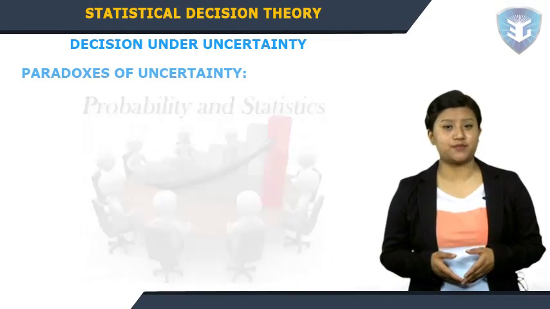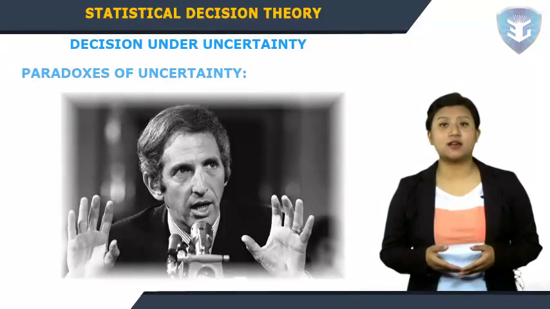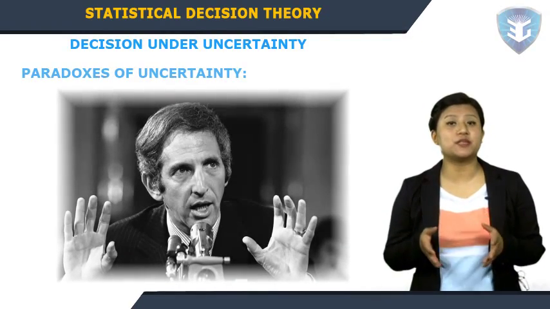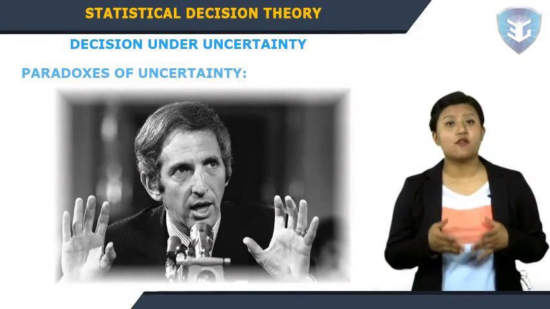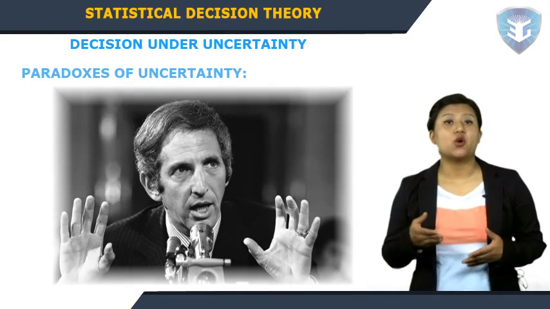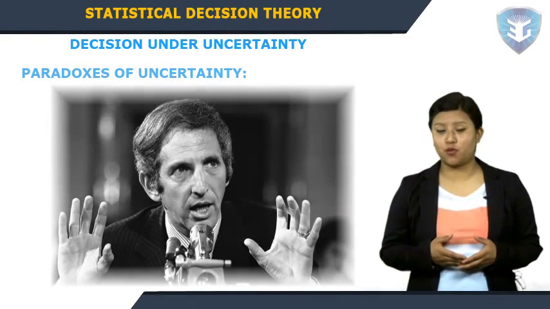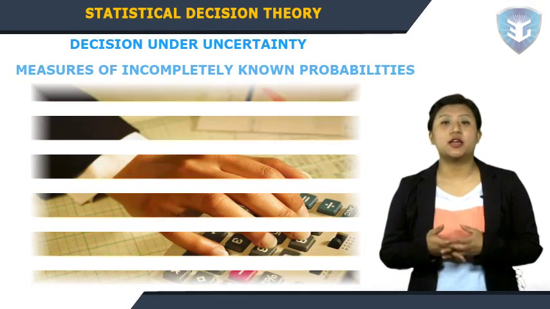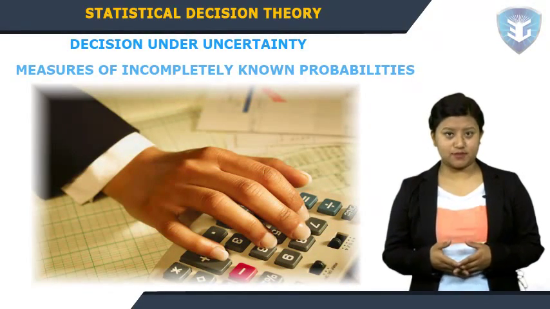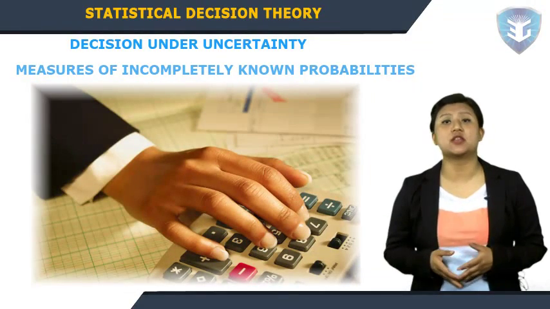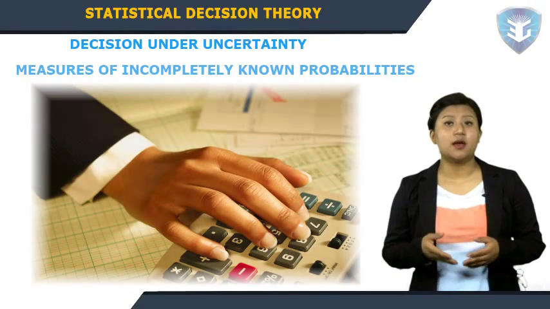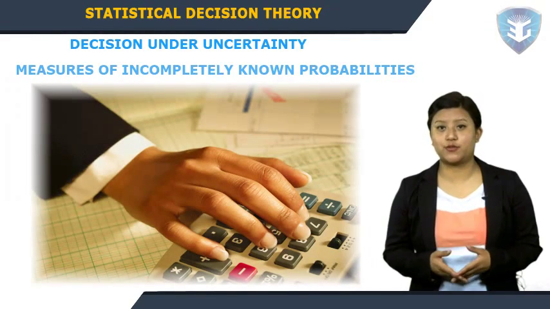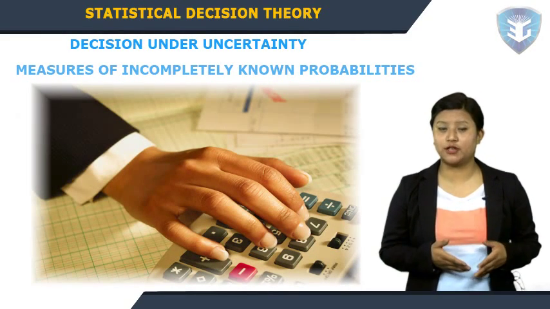Risk analysis: it is the task of the risk assessor to use whatever information is available to obtain a number between 0 and 1 for a risk estimate with as much precision as is possible, together with an estimate of the imprecision. Measures of incompletely known probabilities. These rules that have been proposed for decision-making under uncertainty with partial probability information all make use of some quantitative expression of partial probability information.